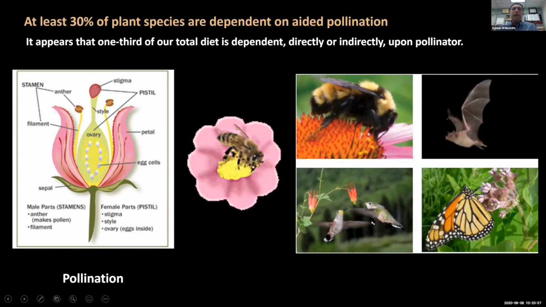So we have many pollinators that we know and that are around us. Of course, the most famous is the honeybee, which we'll talk about a lot today. And we also have some others, like other insects such as beetles, animals and plants.